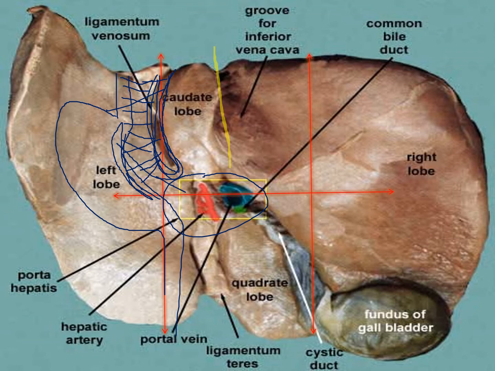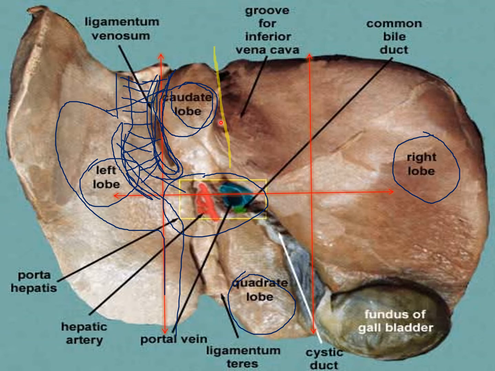And now let us see. Right lobe we have already seen. Left lobe we have already seen. This is the caudate lobe and this is the quadrate lobe. If you have to write an answer, you can very well write the location of the caudate lobe. It lies between the groove for IVC and the fissure for ligamentum venosum.